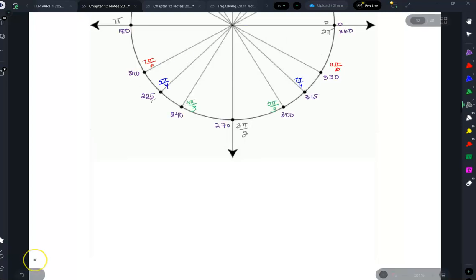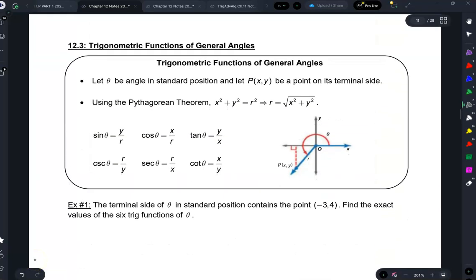Right. Let's talk about general angles. Right. So suppose you have a point, 3, 4. Okay? Now, suppose you draw an arrow from the origin to that point.